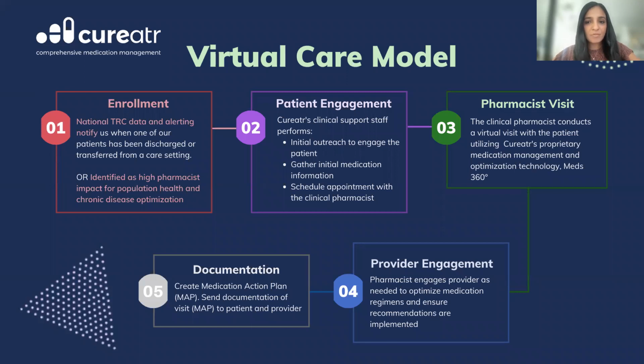Once this patient is enrolled, the patient is initially contacted by Curator's clinical support staff, which includes a team of pharmacy technicians, medical assistants, and pharmacy interns who engage this patient in the service and gather the initial medication information and ultimately schedule an appointment with the clinical pharmacist.